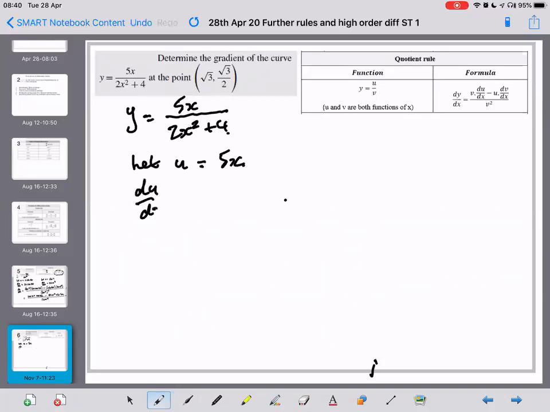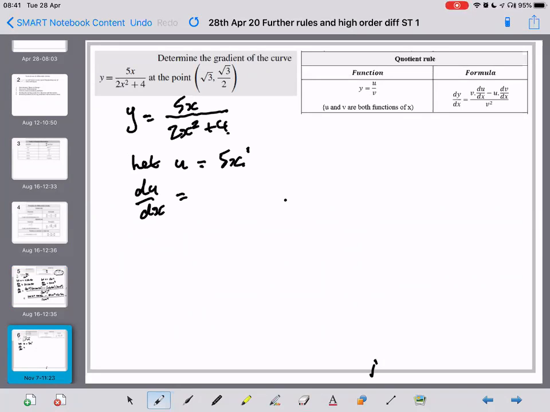du by dx. What happens when we differentiate? What's the index of x here when it's just x on its own? It's 1. So if we bring 1 down and multiply, we end up with 5.